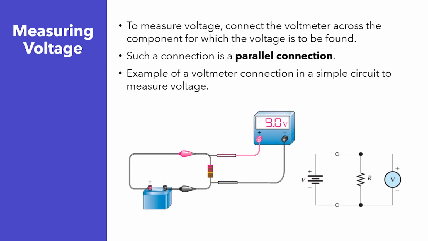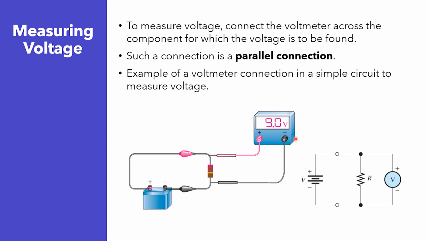First, measuring voltage. To measure voltage, connect the voltmeter across the component for which the voltage is to be found. Such a connection is a parallel connection. Here is an example of a voltmeter connection in a simple circuit to measure voltage.